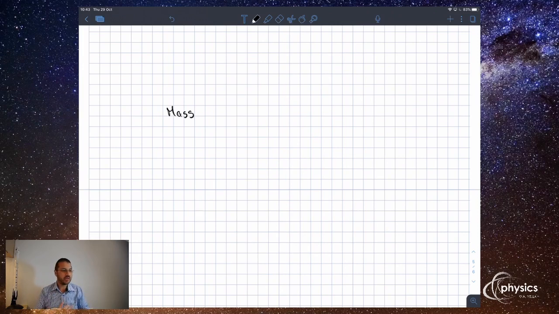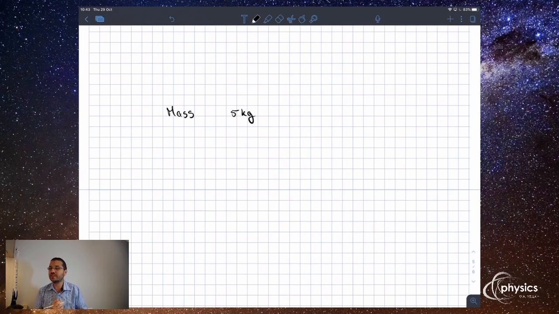For example, if I say, look, I have a box and this box has a mass of 5 kilograms, I have actually described everything about the mass. It's 5 kilograms, full stop. The 5 kilograms is the size of the mass.